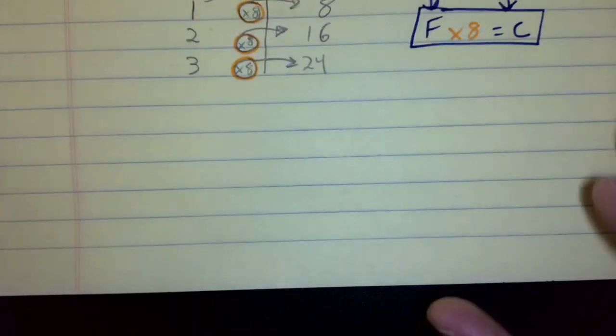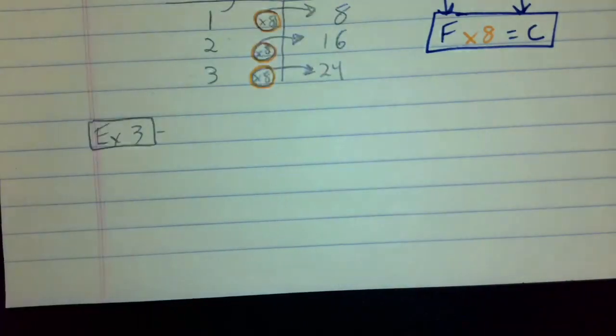This last one right here, example 3, says 12 trucks for every 4 cars.